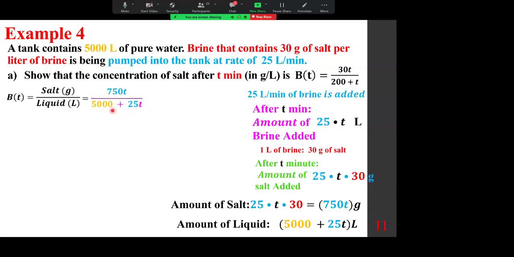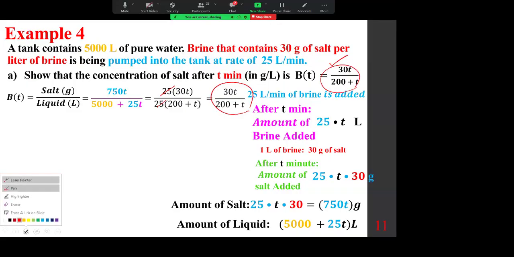And all we have to recognize, there is a common factor of 25 between the top and the bottom. And what you are left with is what was given to us. So this is pure algebra, everybody.